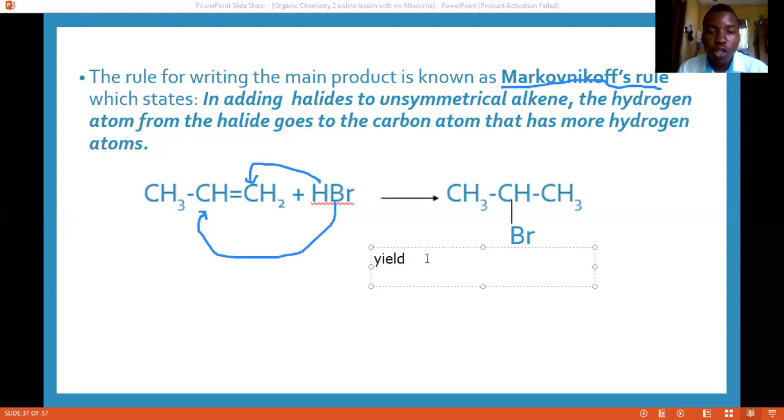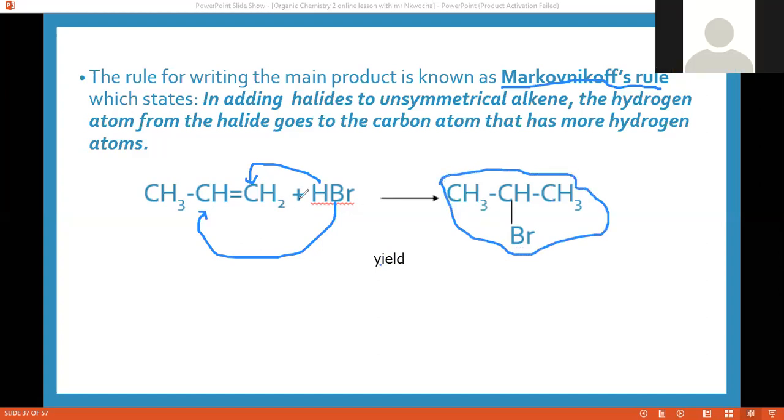The yield of this product that we have here is usually very high, it can be like 98%, while the other one, where the hydrogen goes to the second carbon, can be like 5% or 2%. That simply means that it will be too stressful.